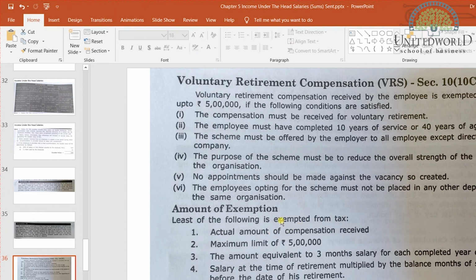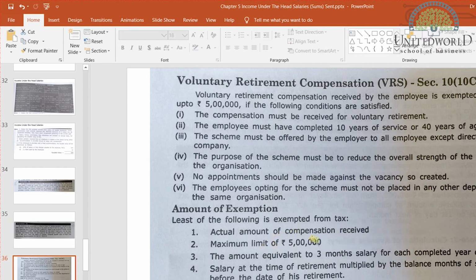So when I am calculating salary here, for the purpose of calculating the VRS amount which should be exempted from tax, only three things are to be considered under the head salary. First is basic salary, second is DA or dearness allowance or dearness pay, and third one is the commission.